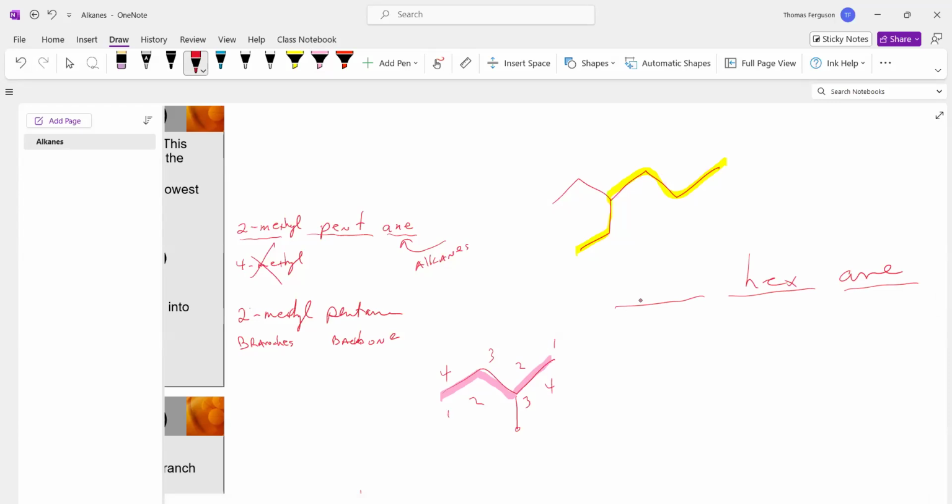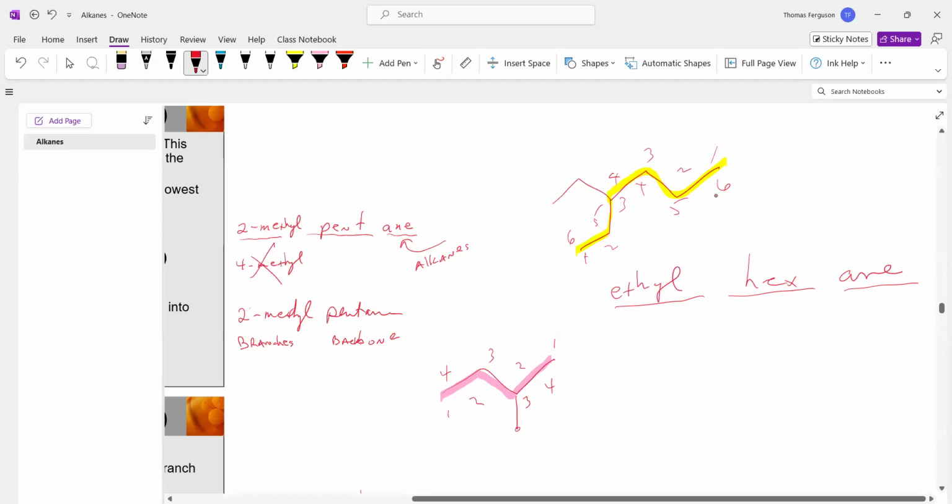We're going to number this 1, 2, 3, 4, 5, 6, or 1, 2, 3, 4, 5, 6. Okay, and the branch is how many carbons long? 2. So it's going to be ethyl. And is it on carbon 3 or 4? Carbon 3. So we have 3-ethylhexane.